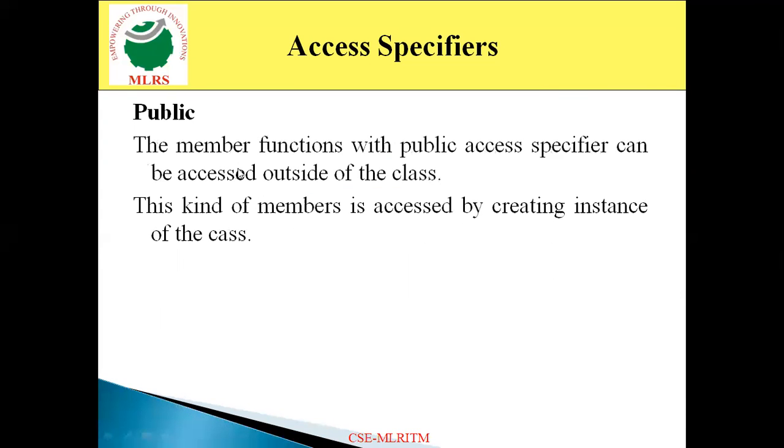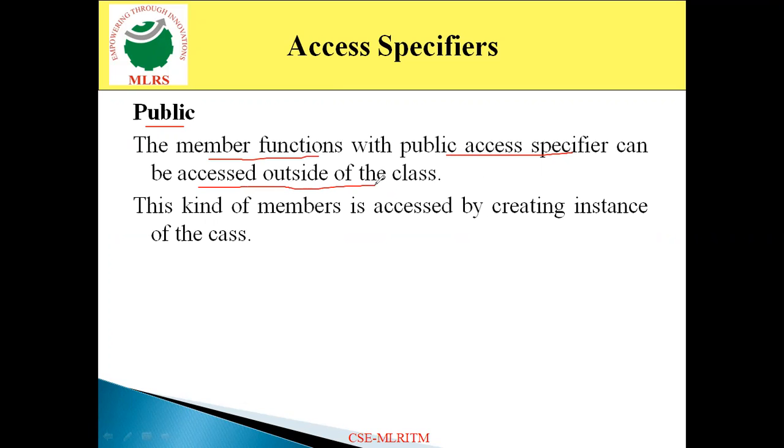Then come to the next one, public. In the class there is one more access specifier we can specify, that is public. When we declare or define the member functions and data members under the public access specifier, then these data members or member functions can also be accessed from outside of the class.